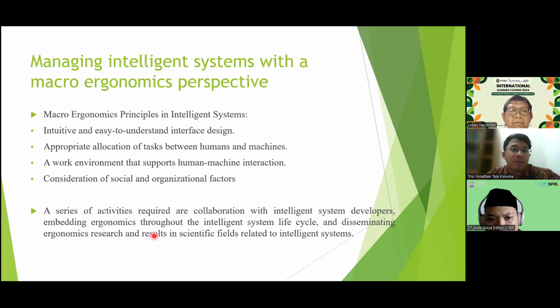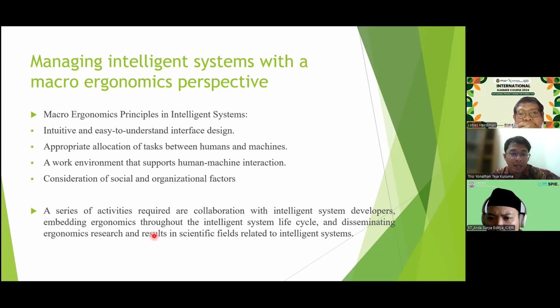Next. Managing intelligence system with a macroeconomic perspective. The macroeconomic principles in intelligence system are intuitive and easy to understand interface design and appropriate allocation of tasks between humans and machines, a work environment that supports human-machine interaction, and consideration of social and organizational factors.